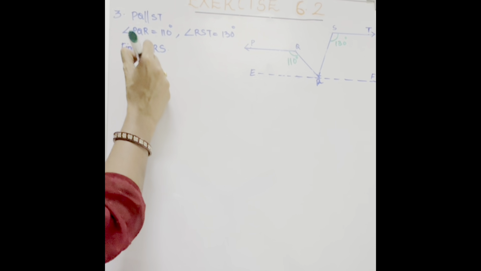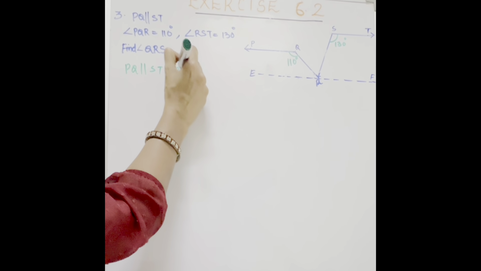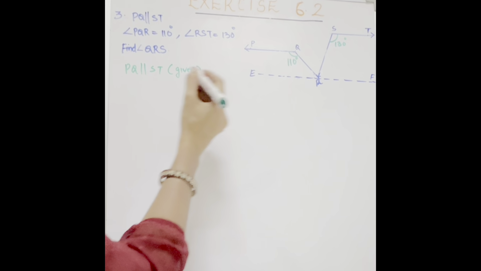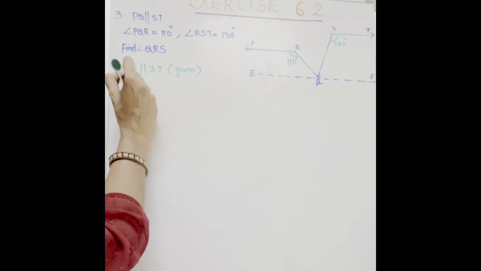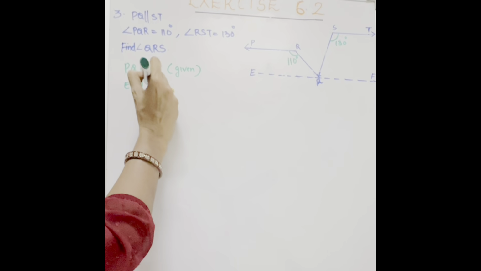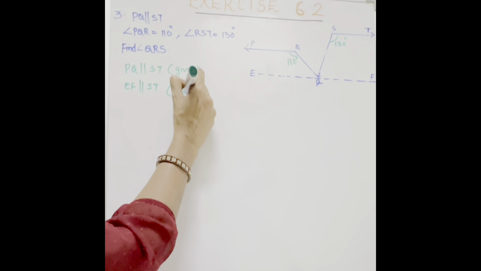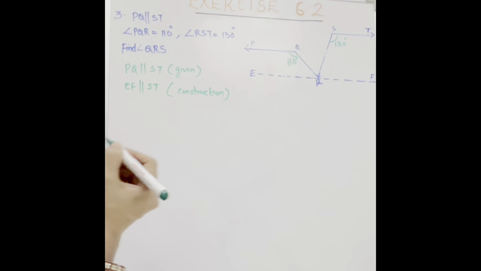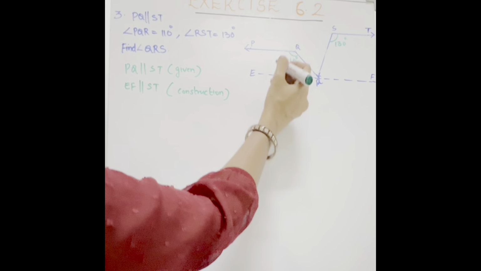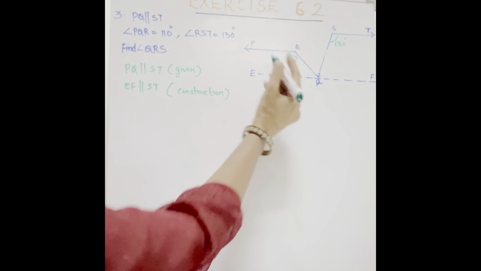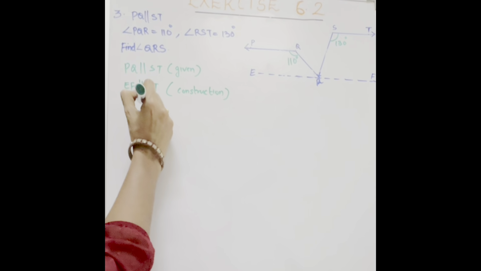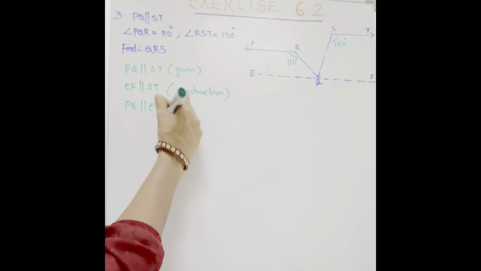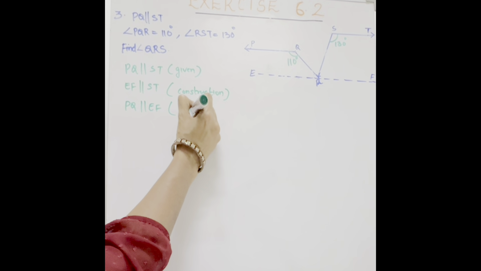PQ is parallel to ST, which is given. And we have EF drawn parallel to ST. So EF is parallel to ST, that is by construction. We constructed the line as per the clue that is given to us. And now we can say that PQ is parallel to EF as well, because of the theorem.